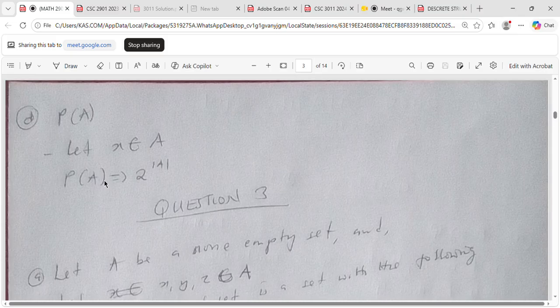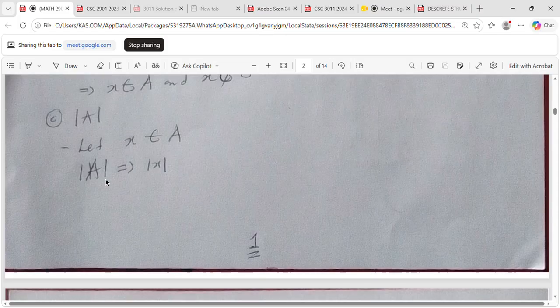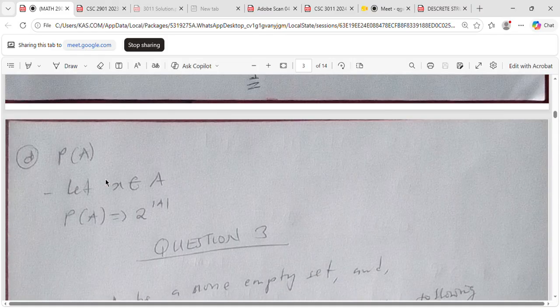Which question exactly? Okay, so here was about the cardinality of A. So this speaks to the fact that, remember, cardinality of a set is just the number of elements in that set. I hope we are fine.